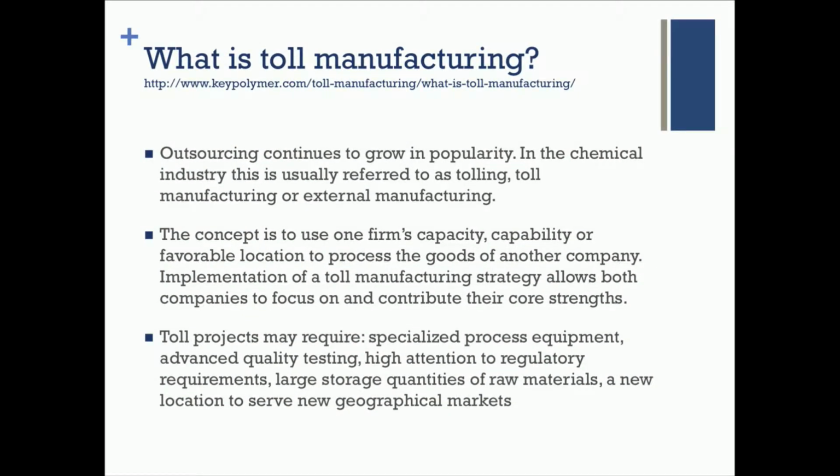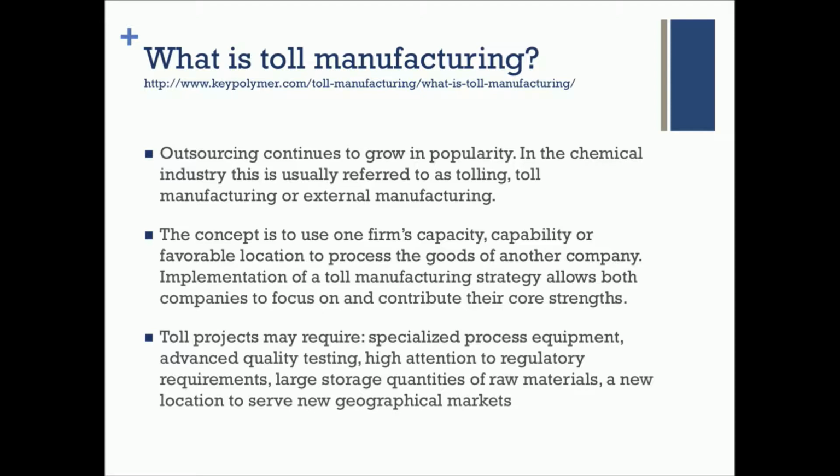The idea is for one firm to provide some capability, capacity, or a location to another, and the result is that the company which is buying the toll processing services does not have to do this in-house. They can do this on a flexible basis, and it's extremely useful.